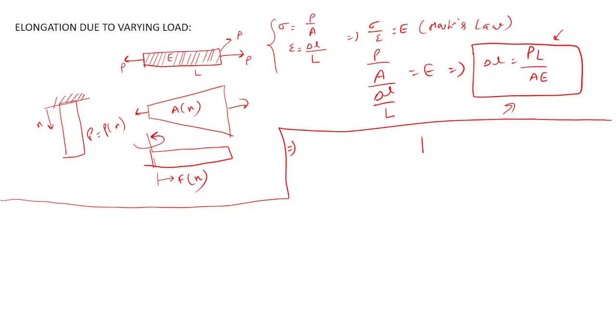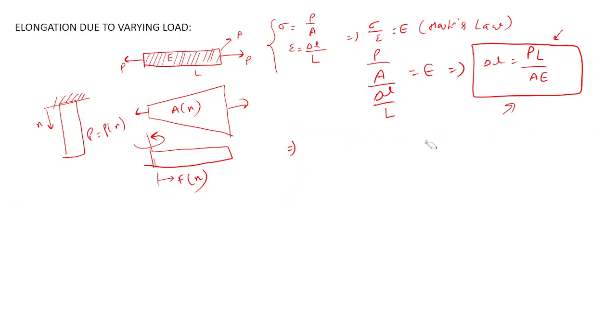Let me draw it first, then I will ask. Its diameter is changing from small d1 to capital D2, and we are applying force P here, and Young's modulus E is constant. Does anyone know what the elongation is for this?